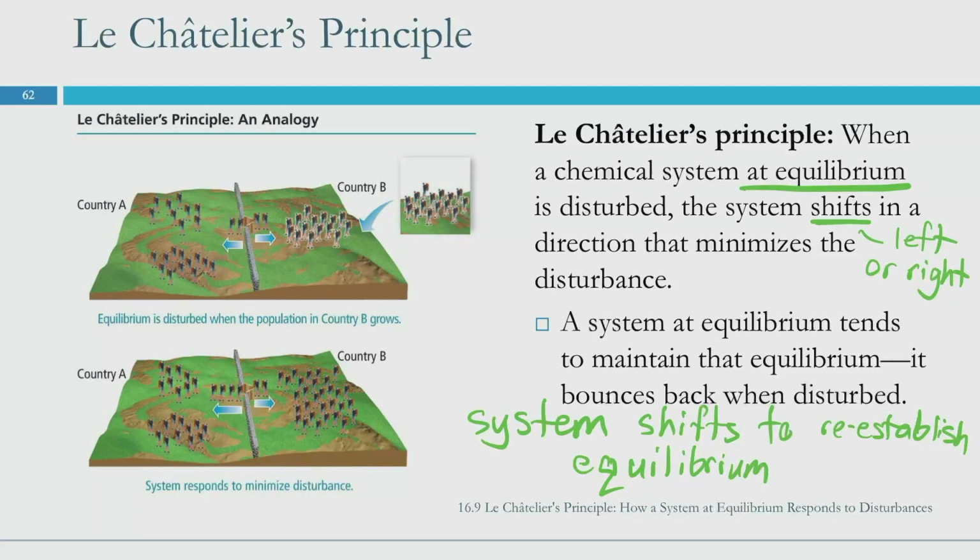Now there's extra people in B. And some of those people are going to say, it's too crowded here, get me out of B. And they're going to move into country A to try to get away from some of the new weird people with goat bodies that are coming out of the wardrobe in country B. It's a Narnia reference. Mr. Tumnus.